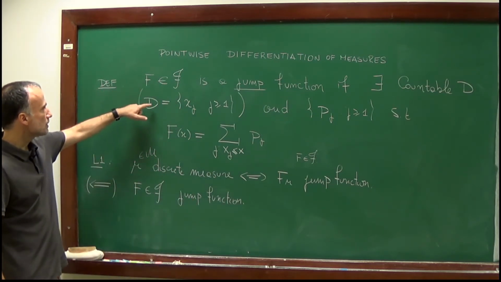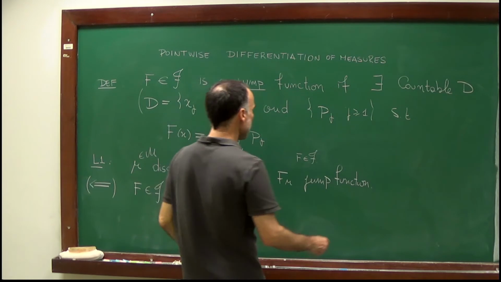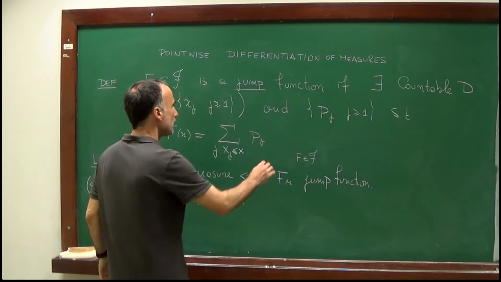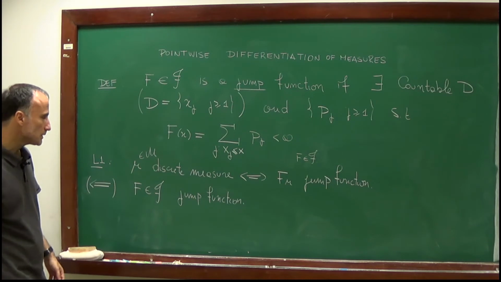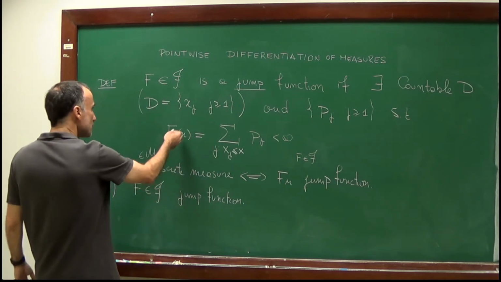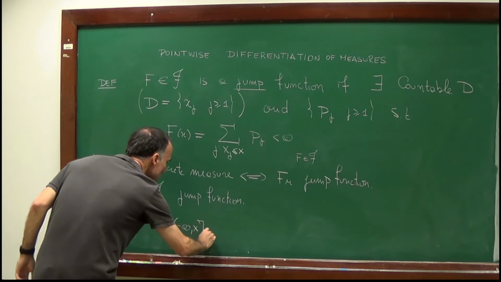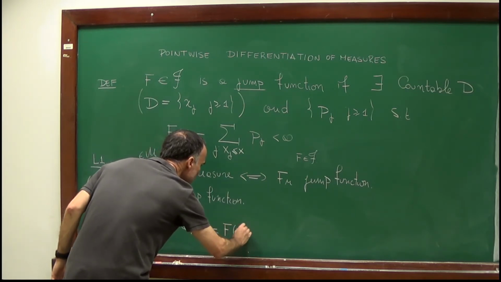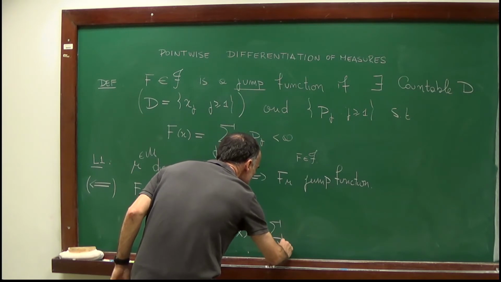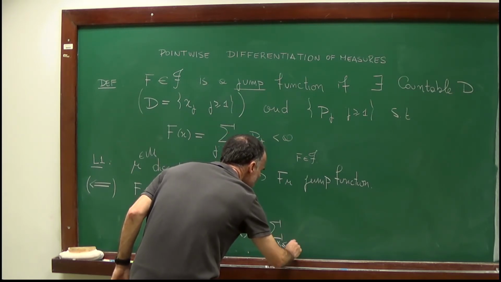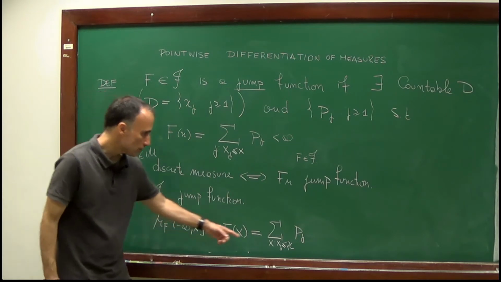So by definition, we know that there exists a countable set D, a family of weights p_j, such that this expression holds, and we know that this expression is finite because f belongs to the set F. Fine, but then by definition, remember that I define mu f of minus infinity x to be f of x, and f of x, by definition, is the sum. Okay, so mu f of this set is given by this formula.